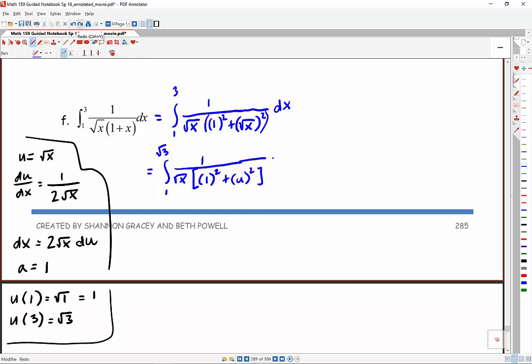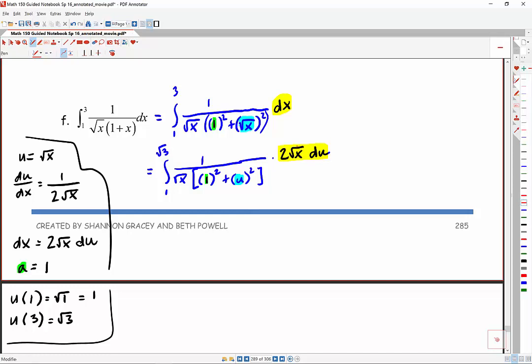It was 2 times root x times du. So our a is the 1, and u is the root x, dx is 2 times root x du, and let's see what happens next.